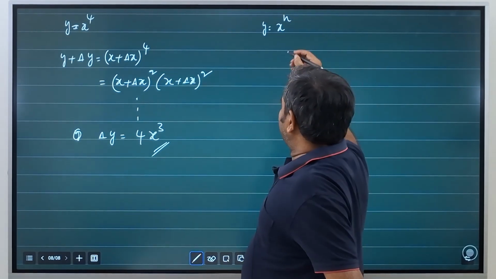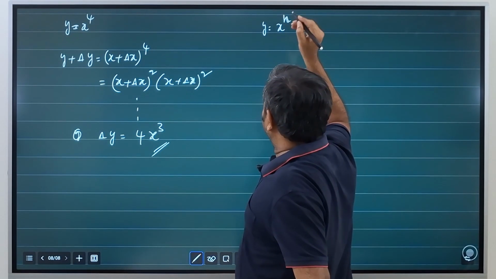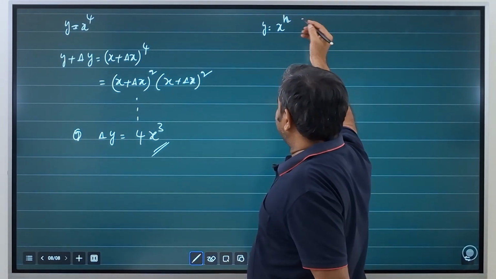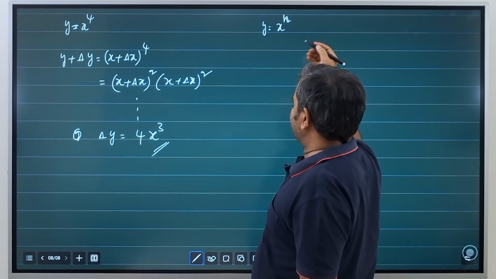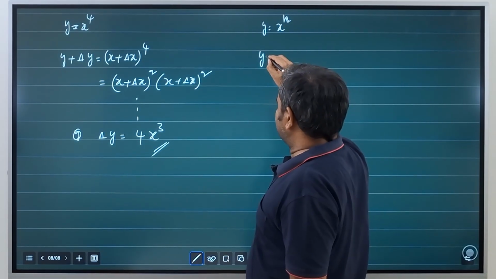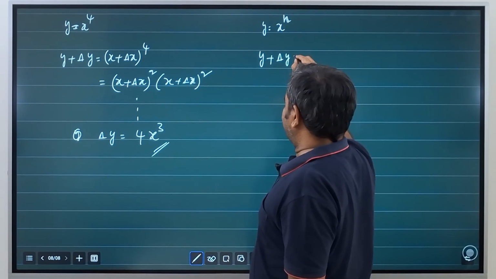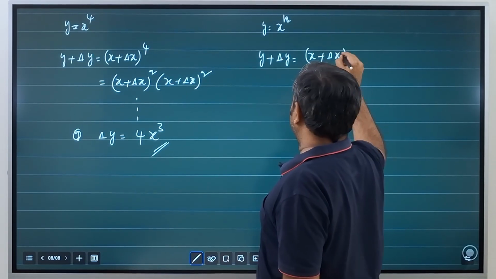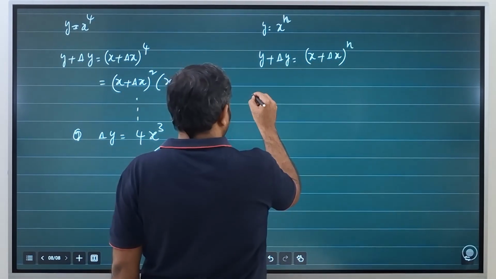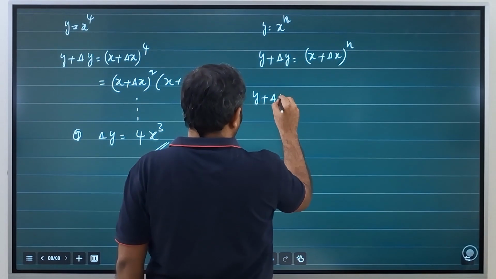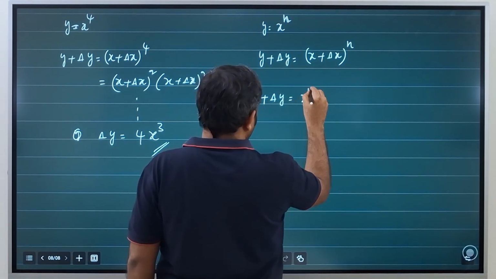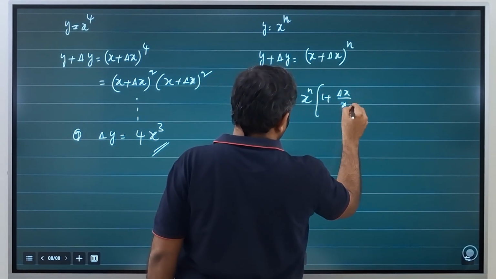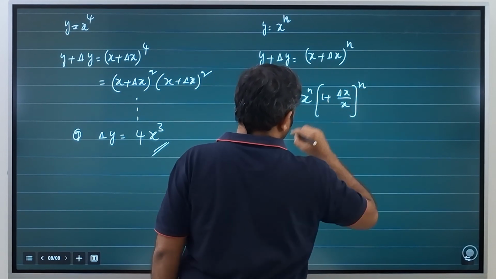So for whatever the value, when y is equal to x power n, how do we write it? We use binomial expansion here. We can write y plus delta y is equal to x plus delta x whole power n. Y plus delta y is equal to x to the power of n into 1 plus delta x by x whole power n.